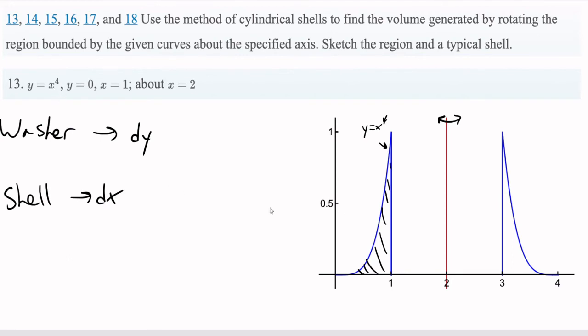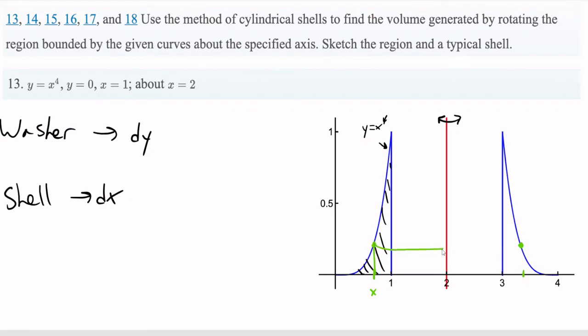Okay. So then what do we need? Well, remember, we need the radius and the height of the shell. So let's just draw in one of these so that we have it for reference in the picture. Let's pick an x so we don't get too high up. Let's pick our x here. Okay, so then I'm going to hit this point, and that is going to go all the way over here, right about here.